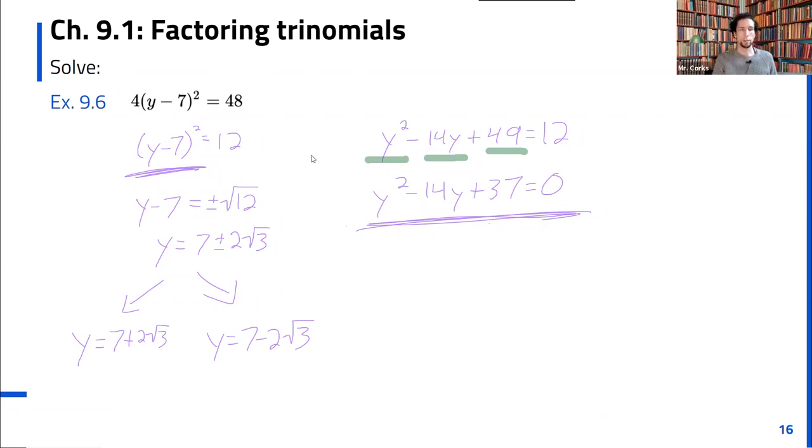The goal is to solve for the variable. Getting rid of the square here is the target, so that should be the first thing. If we had a situation like this here, if we could just get rid of the square right away, that'd be great, but we can't.